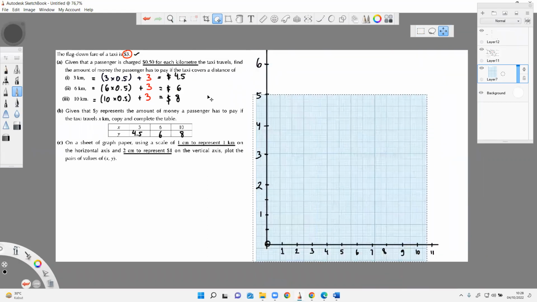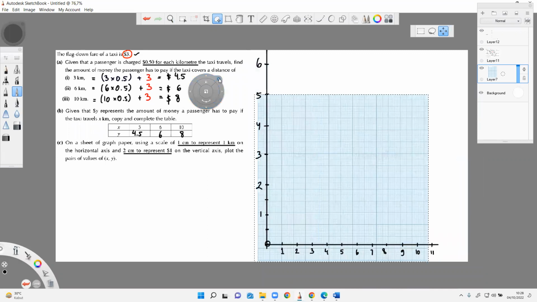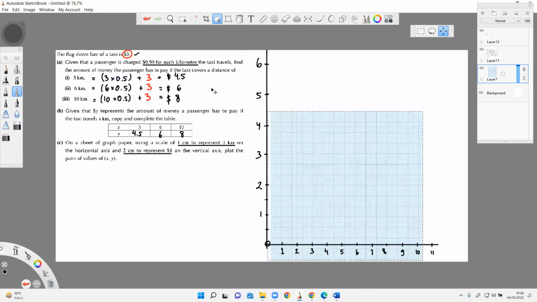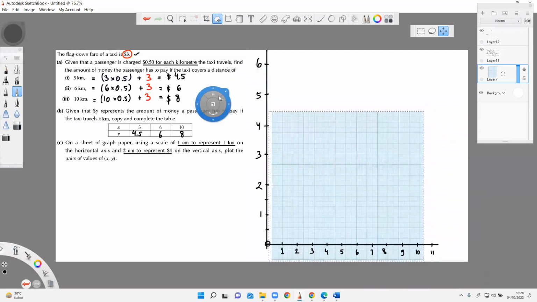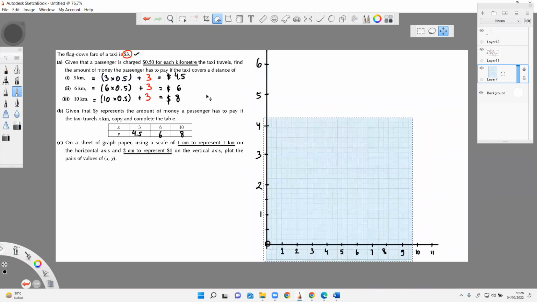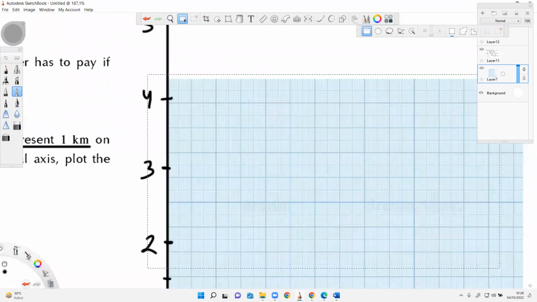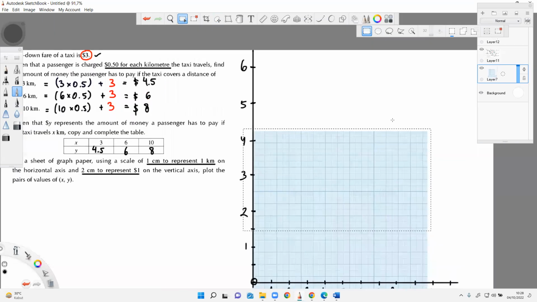Wait, I'm doing something here so we can have a better perspective on the working, guys. Why? Because the drawing is not enough. I have to put the calculation again.